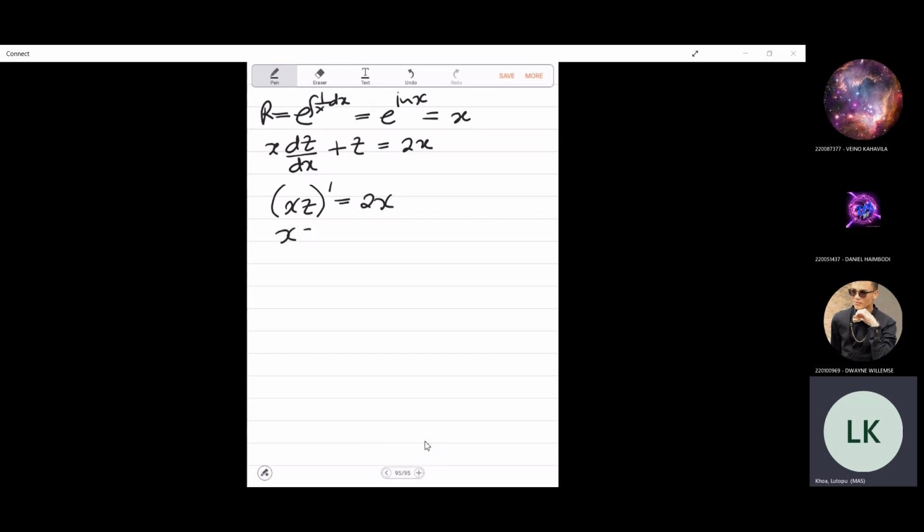We have xz, the integral of 2x dx, xz is x squared plus c, and then this is y to the power of 3 x squared plus c.